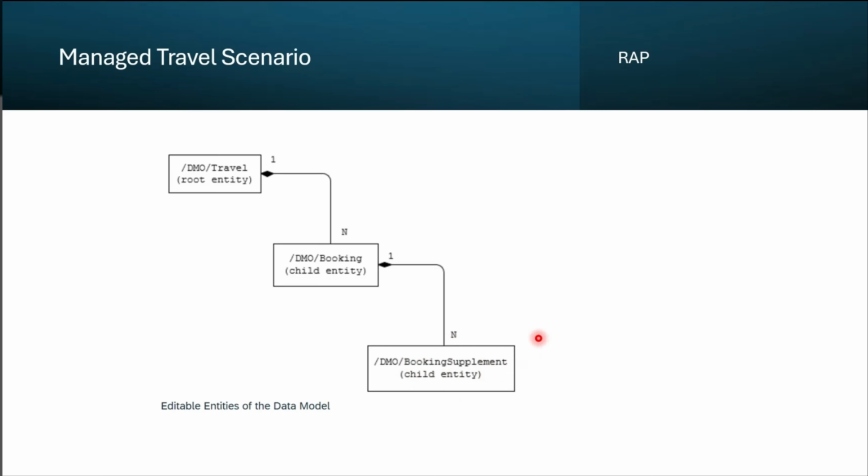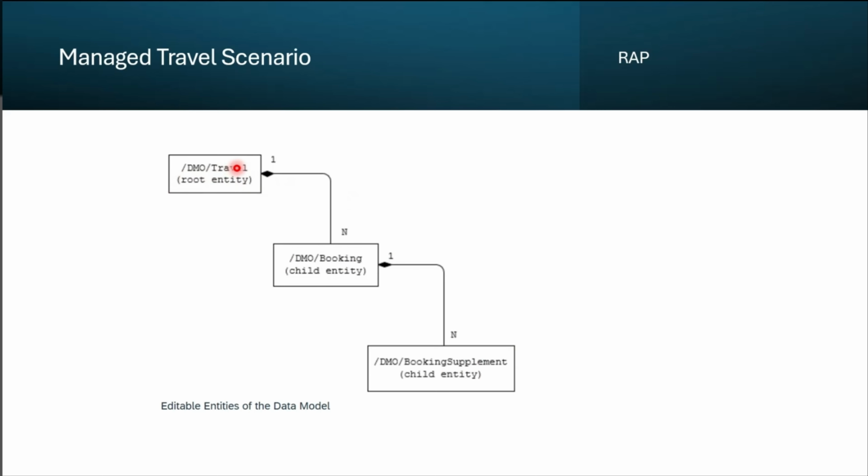And the vice versa, if you don't have your booking, then definitely you don't have your booking supplements. If you don't have your travel, you don't have any booking. So it is the composition which is very tightly coupled. If you don't have booking, then definitely you don't have the booking supplement.